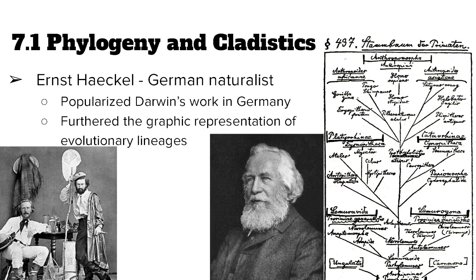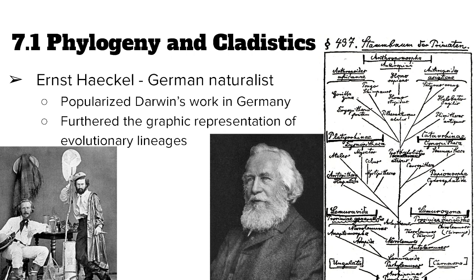But one of the scientists that really kicked this off was a naturalist. Remember, that was our word for biologist before biologist was a word. His name was Ernst Haeckel. He was a German adventurer, really. He went out into the wilds and captured animals to study them, because that's how you studied animals in the 1800s. He took Darwin's work in the late 1800s and really popularized it in Germany.